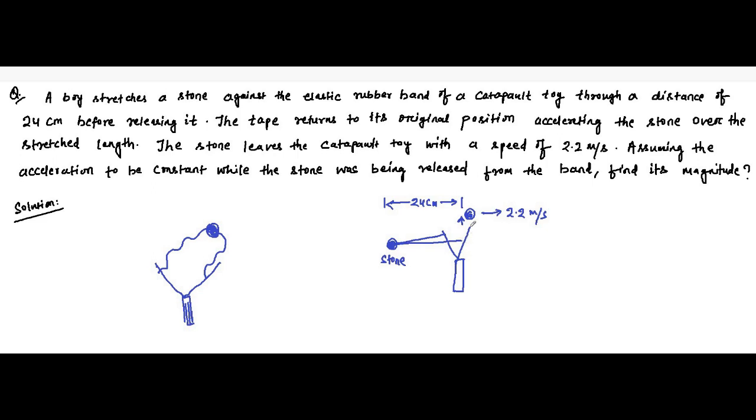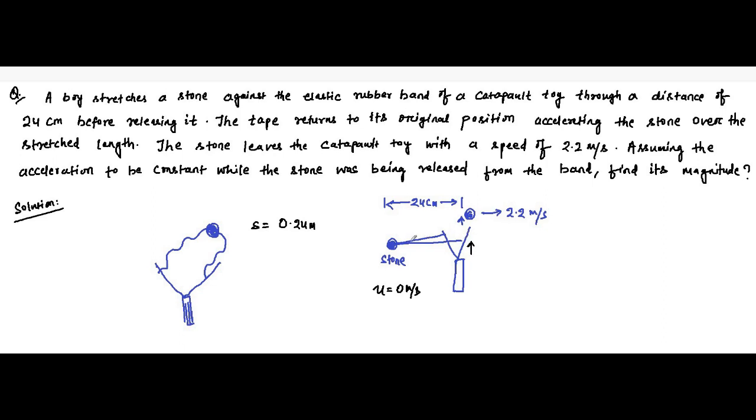Now, when the rubber band was stretched up to 24 centimeter behind this initial position, initially the velocity of the stone was 0. It was stretched through a distance of 24 centimeter or 0.24 meter, that is the S, the distance or displacement, because it is happening in a straight line.